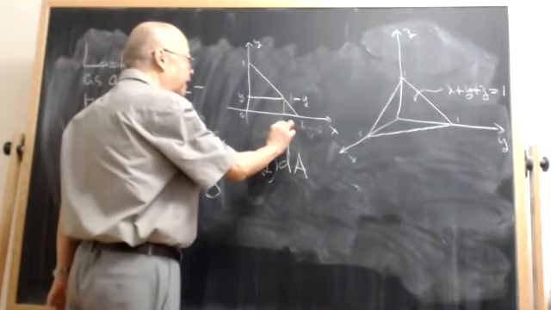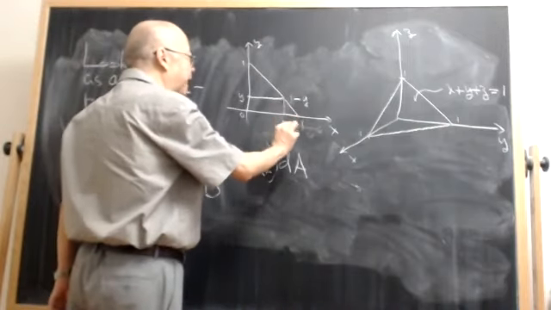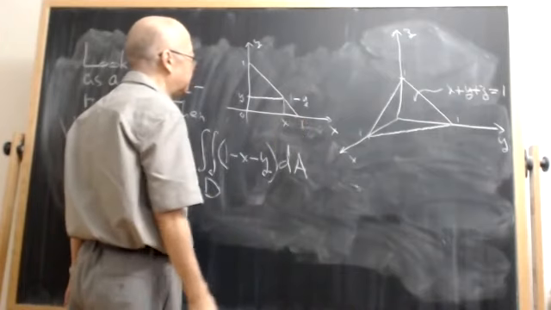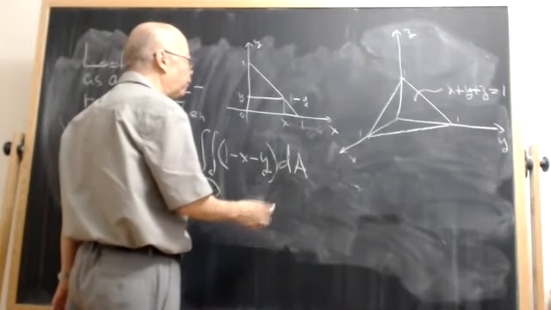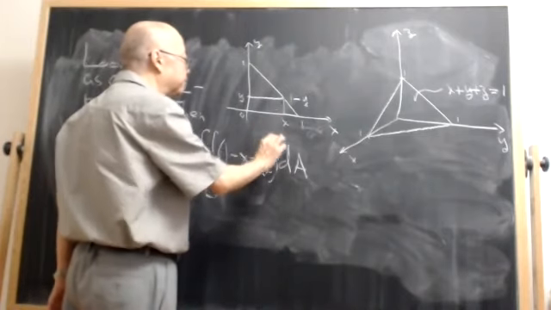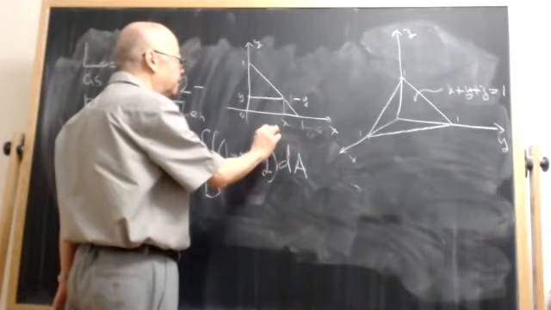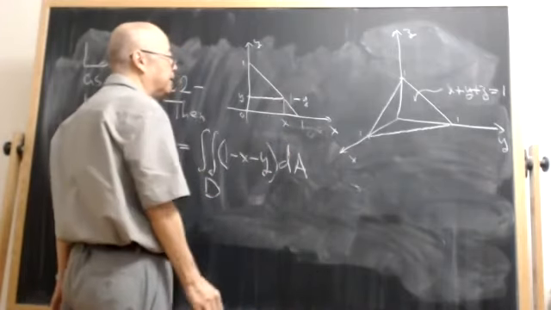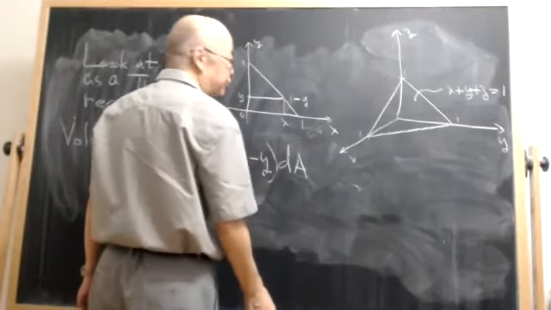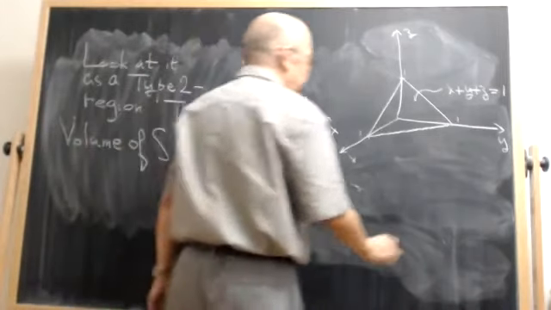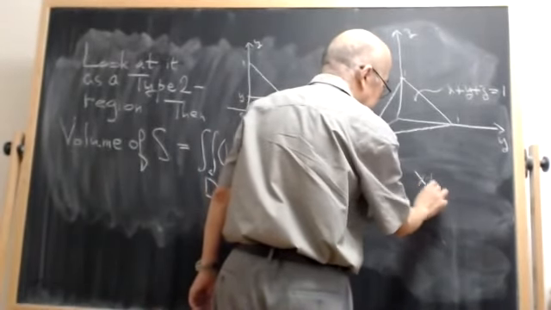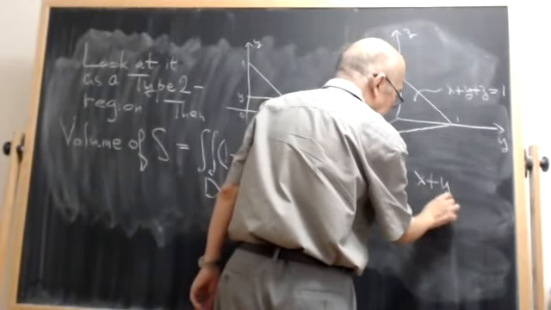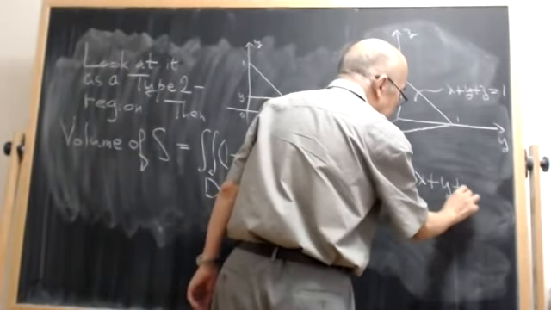So x is actually given by the following thing. What is it? So you have to look at the equation. When y is 0, x is 1.